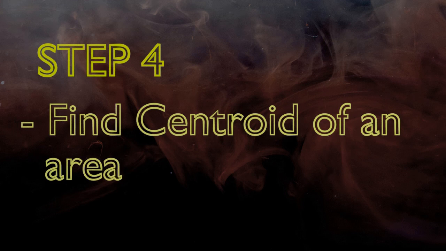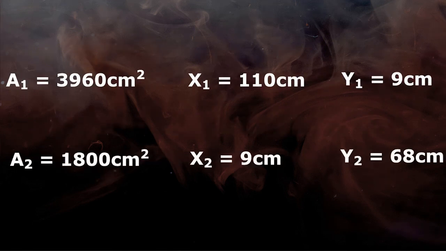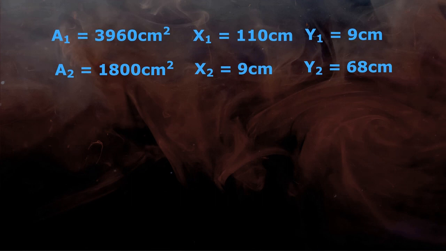So that's it. Let's sum up all the data of area, x coordinate and y coordinate we have just calculated. We just need to input these results in the equation of centroid of an area. To find the x coordinate of the centroid, we'll take the moment of area with respect to the y-axis.